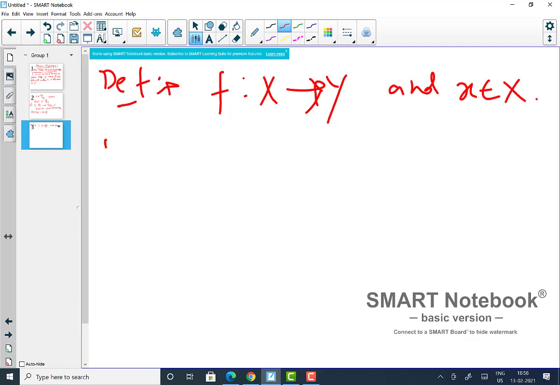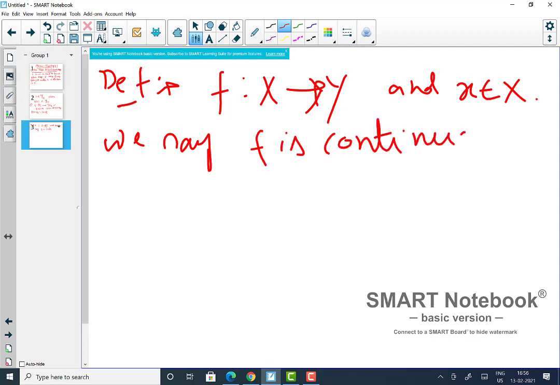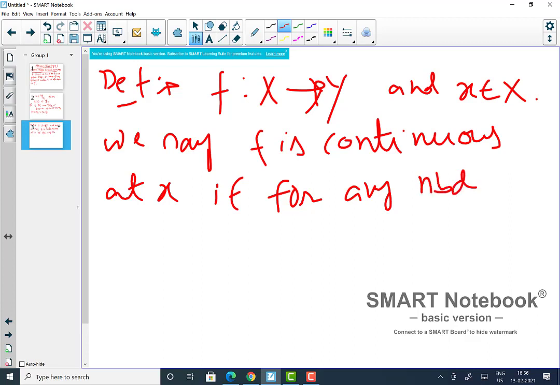So we say f is continuous at x if for any neighborhood, and neighborhood means an open set containing that point, right?